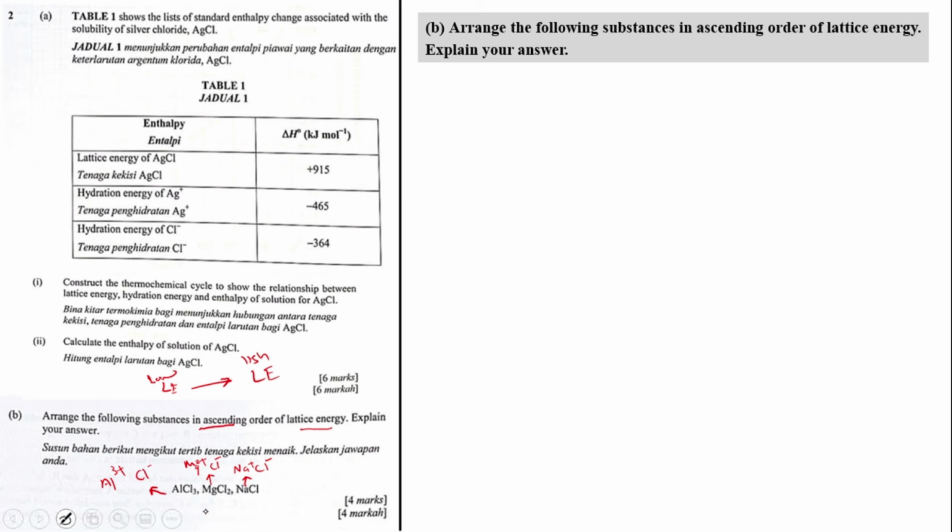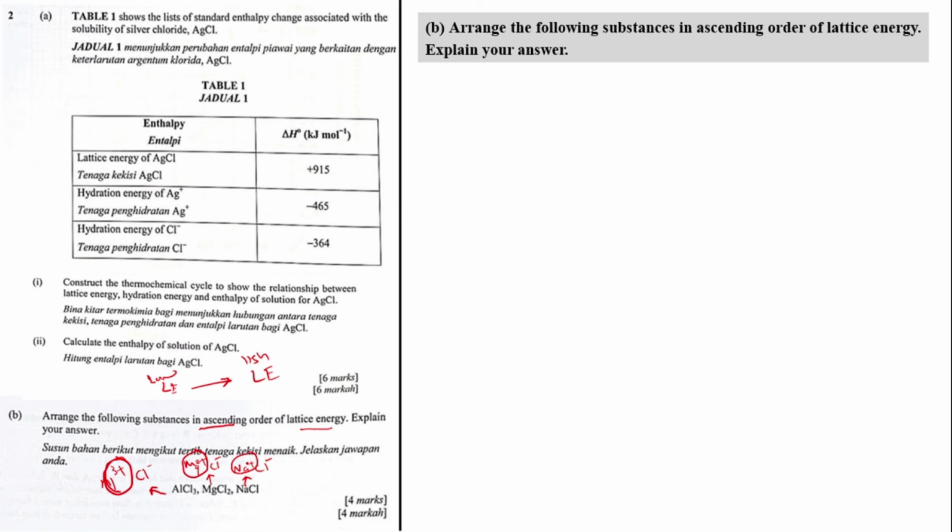So you know that the factor here is the cation, Al3 plus, Mg2 plus, and Na plus. Okay, so from here, the higher the ionic charges, lagi tinggi charge tersebut, maka makin kuatlah ikatan dan lagi banyak energi diperlukan untuk memecahkan the lattice or the ionic solid.